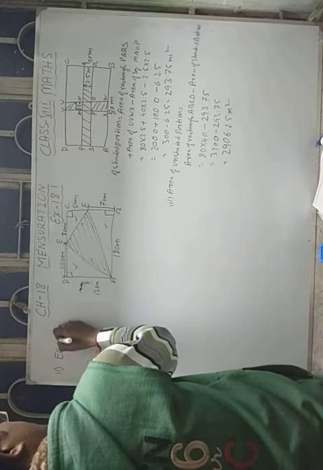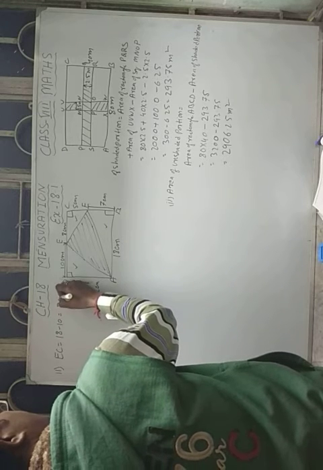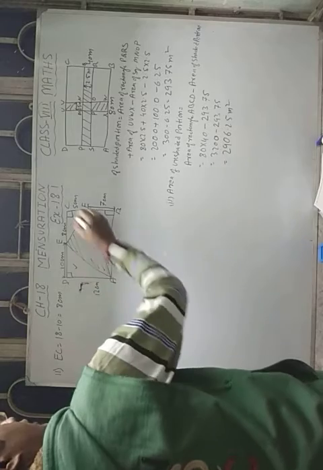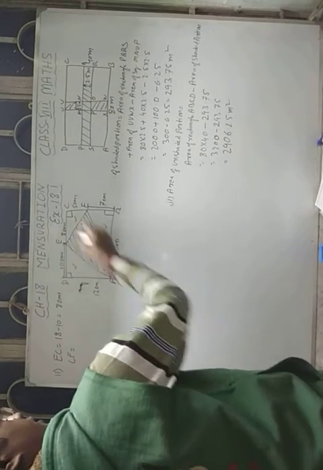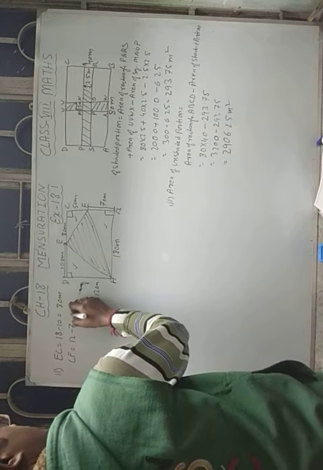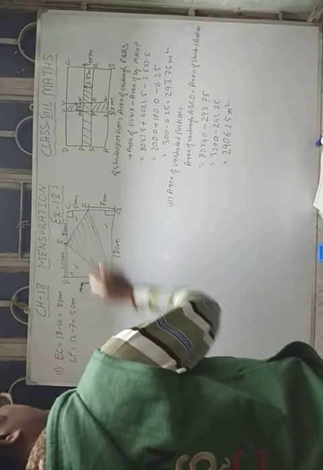EC is equal to 18 minus 10, that is equal to 8 centimeter. Similarly, CF is equal to 12 minus 7, that is equal to 5 centimeter. Now you can find the area of each unshaded triangle.